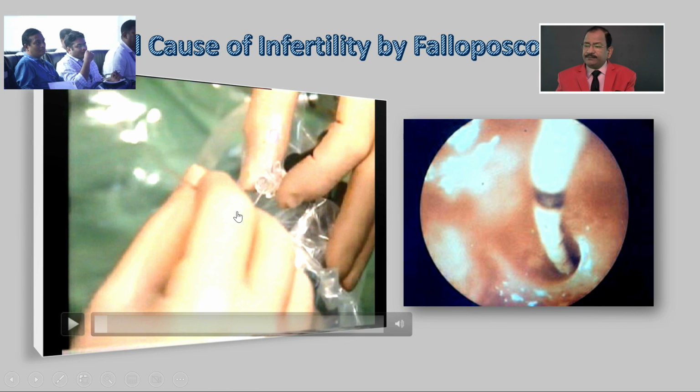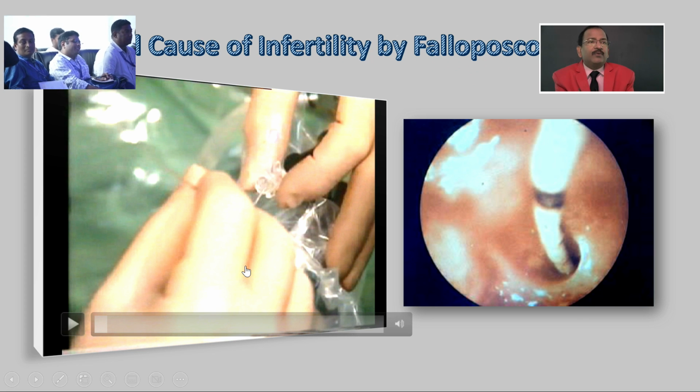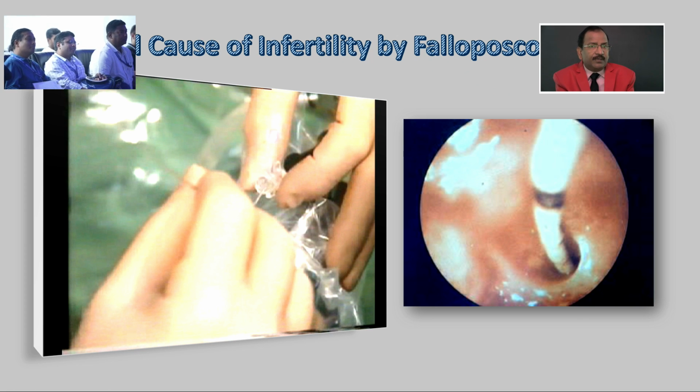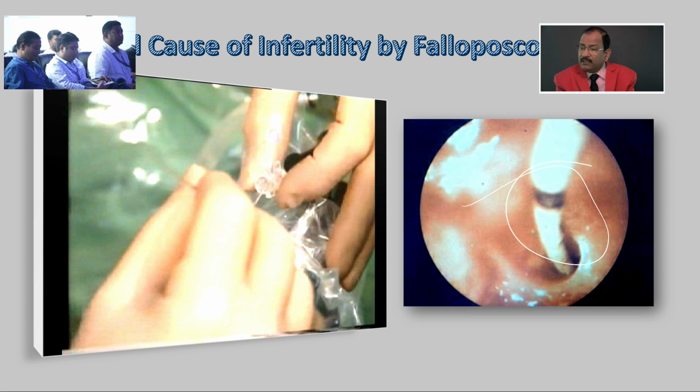Many a time you have to do diagnostic laparoscopy with diagnostic hysteroscopy with diagnostic falloposcopy. You need 3 cameras, 3 monitors. One will be in the abdomen, another in the uterus, and third in the tube.